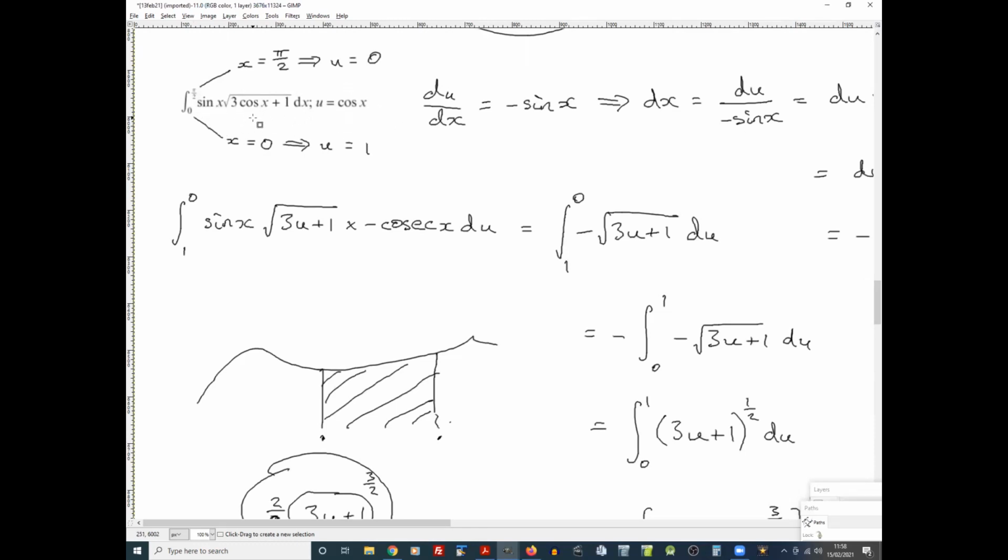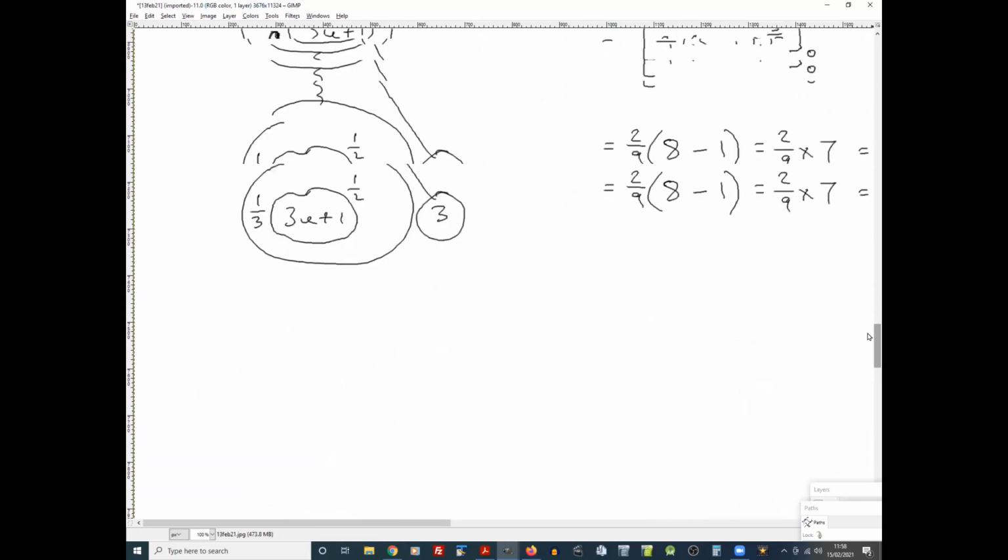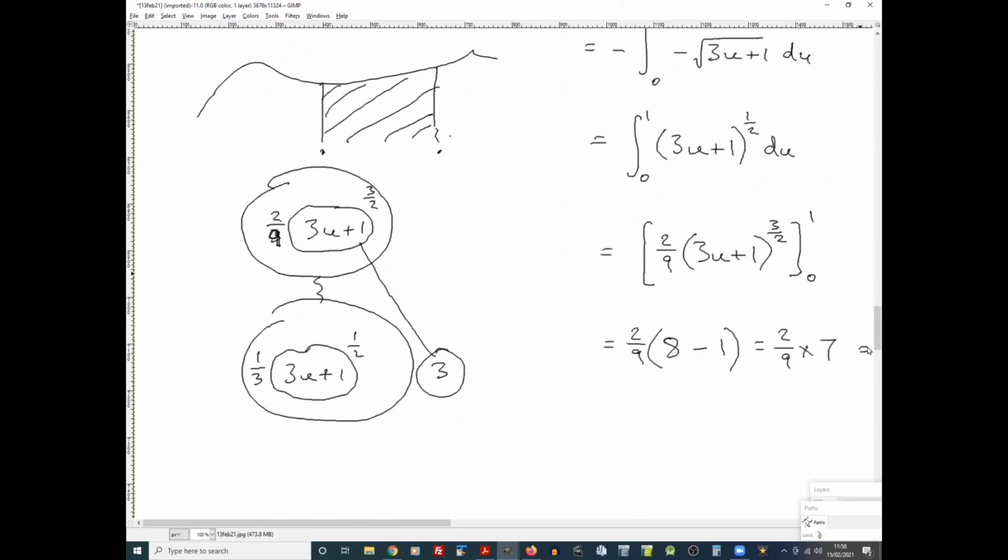When you say by inspection, do you mean reverse chain rule? Yes, I mean, if you look at sine x times that square root, how does it pass as a reverse chain rule? I mean, let's just note that. What was it?